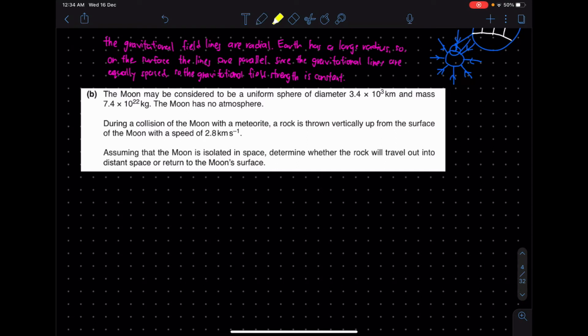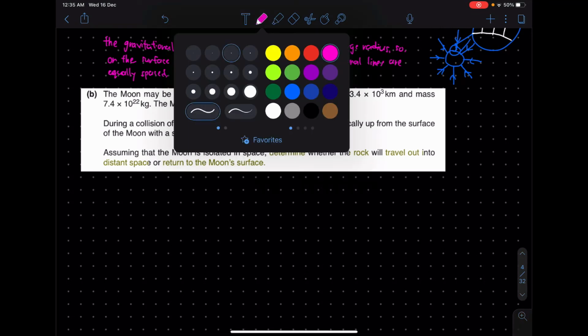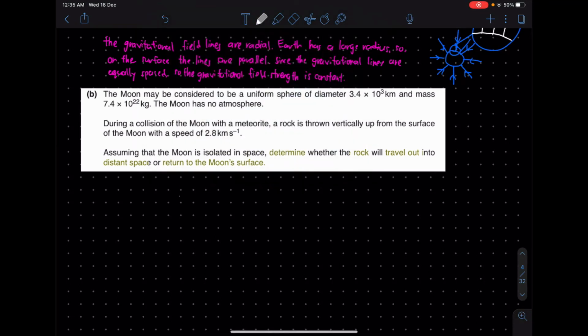So the key here would be to determine if the rock will travel out into distant space or return to the moon's surface. If you had trouble visualizing that, now this is the moon.